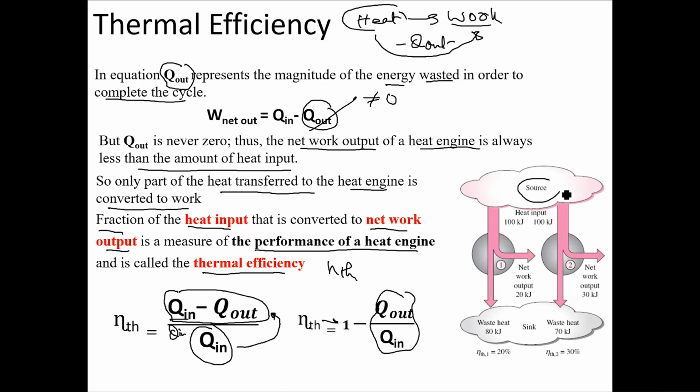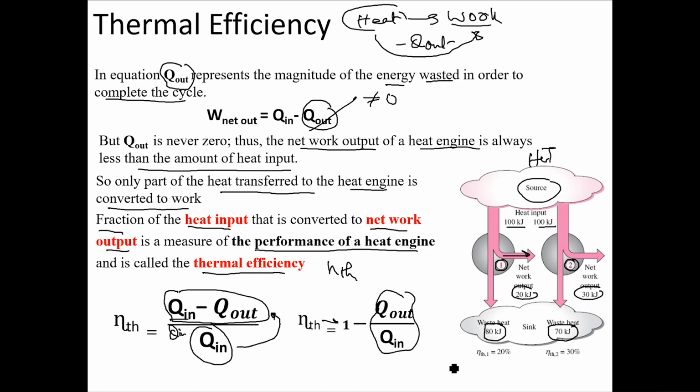If you have a source at high temperature providing heat to two heat engines, engine 1 and engine 2, with the same amount of heat input. Engine 1 converts 20 kilojoules as the network output, and engine 2 converts 30 kilojoules. So engine 1 is rejecting 80 kilojoules of the heat provided, whereas engine 2 is rejecting 70 kilojoules.